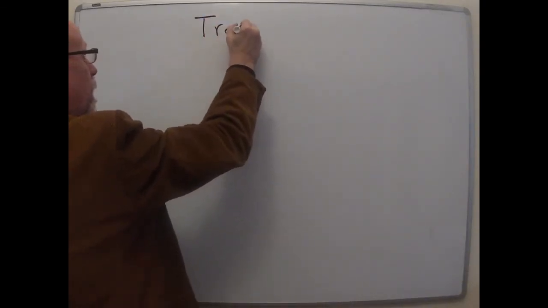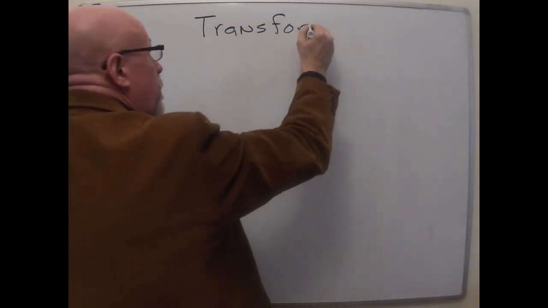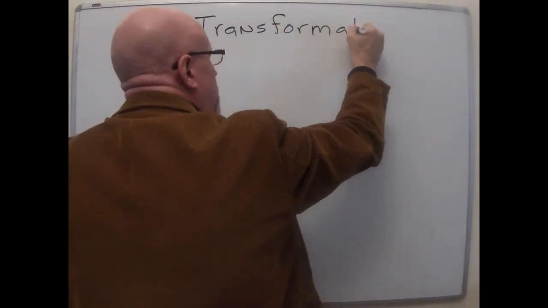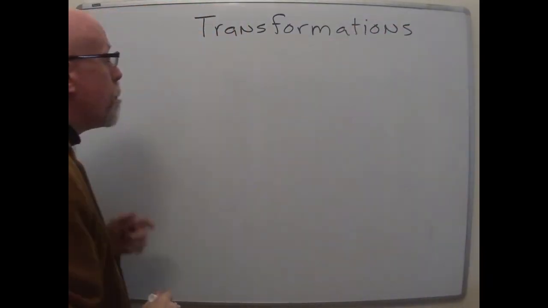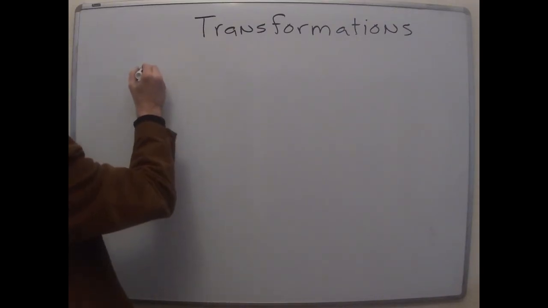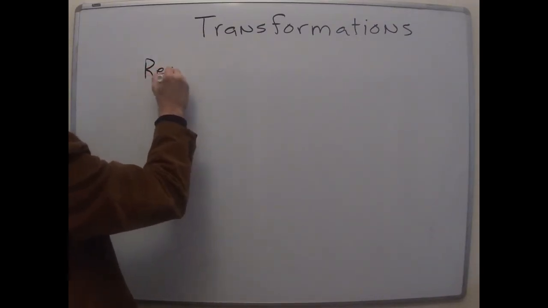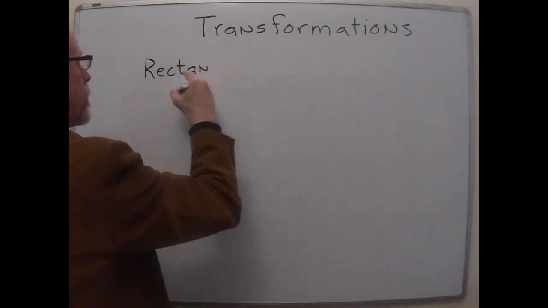There are three of them now, and so there are potentially three different transformations we should do. Now let's try them. The first one is going to be between rectangular coordinates and cylindrical coordinates.